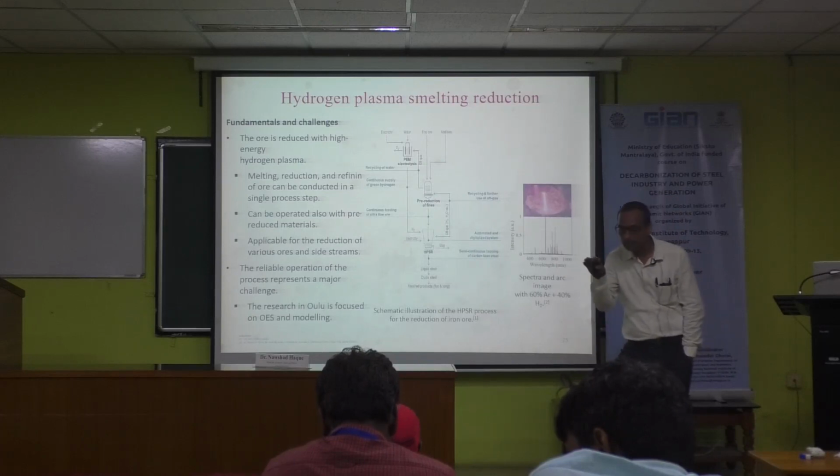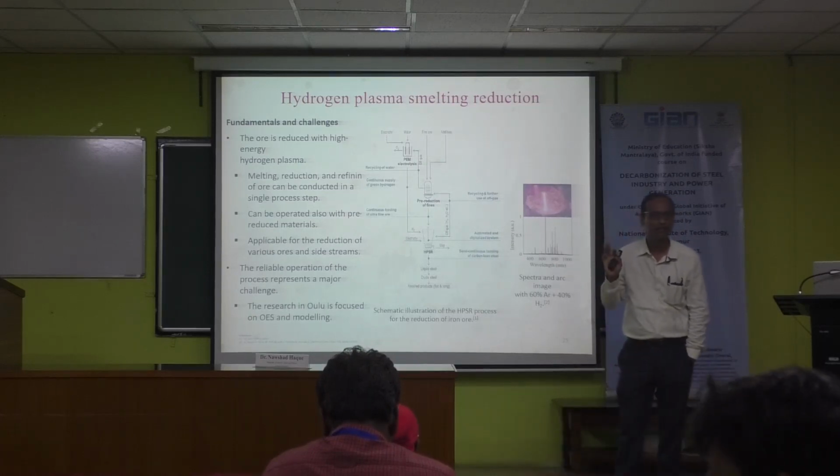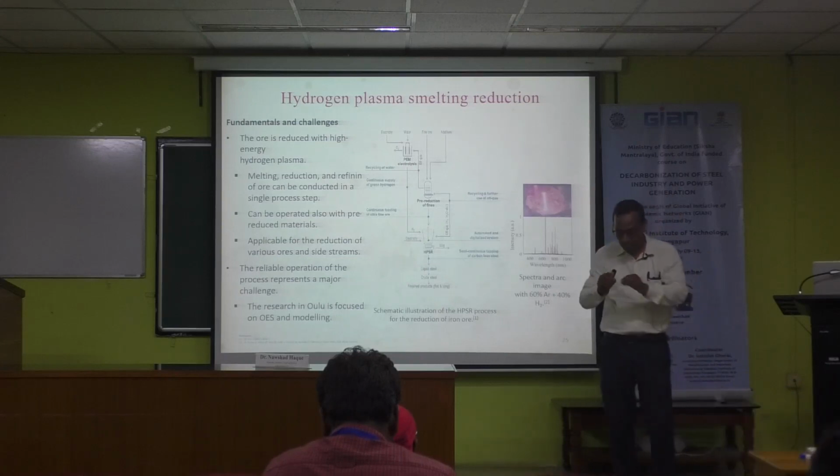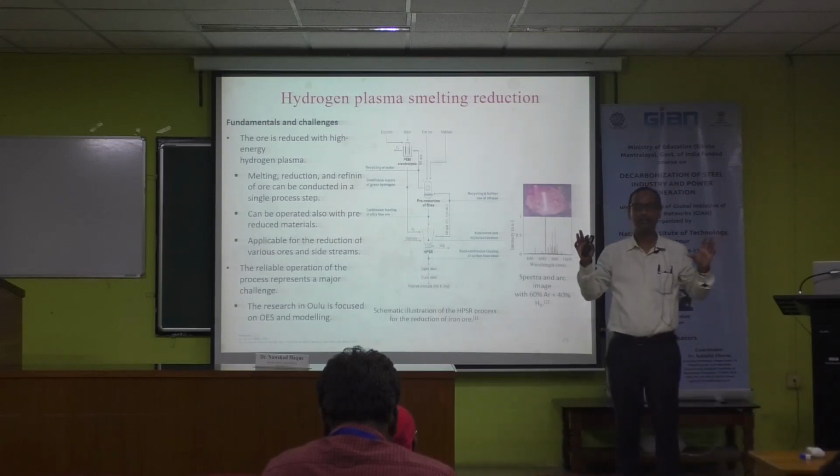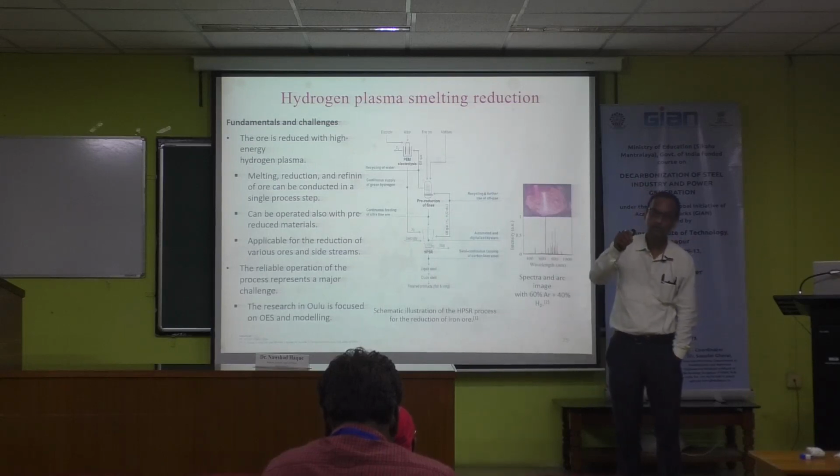If there is no slag, or slightly slag, you can handle it. Otherwise, what will happen when slag generation is very high, and slag is viscous in nature? Always when slag generates, instantly it will not produce a very liquid, conducting slag. It requires electrons to transfer, otherwise the transferred arc will not work.